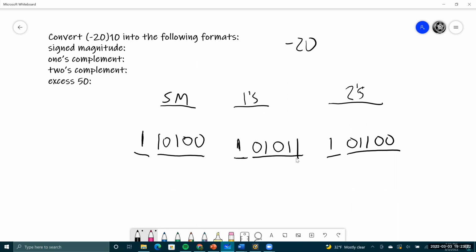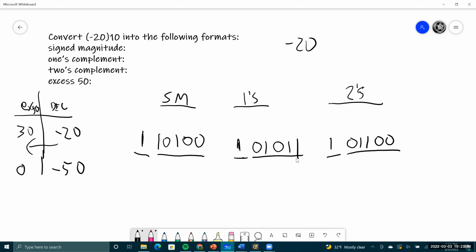So excess 50. Remember we said do it this way. Create a table. Excess 50 to decimal. 0 corresponds to negative 50, right? So we want to know what negative 20 is. Going in this direction, I'm adding 50 to it. So 50 plus negative 20 gives me 30.